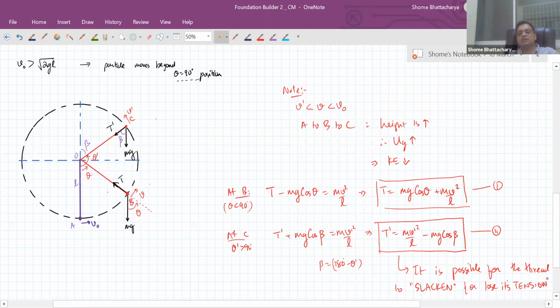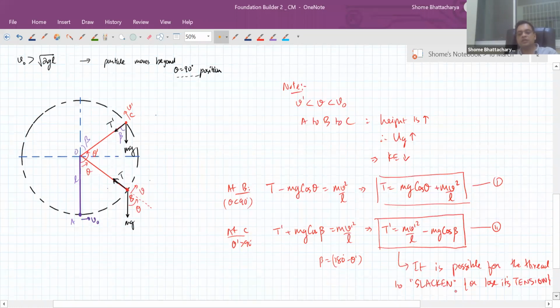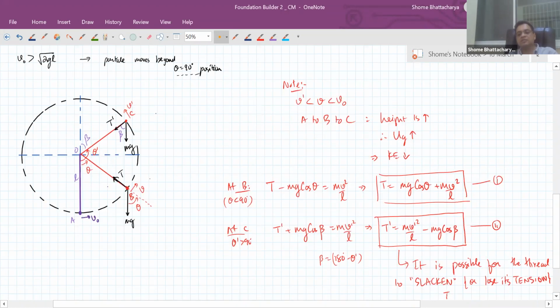And if that happens, the particle falls. It's not going to be in vertical circular motion anymore. That is, tension might become zero at C. It is possible for that to happen. Now, what is the condition for that to happen? We'll discuss.